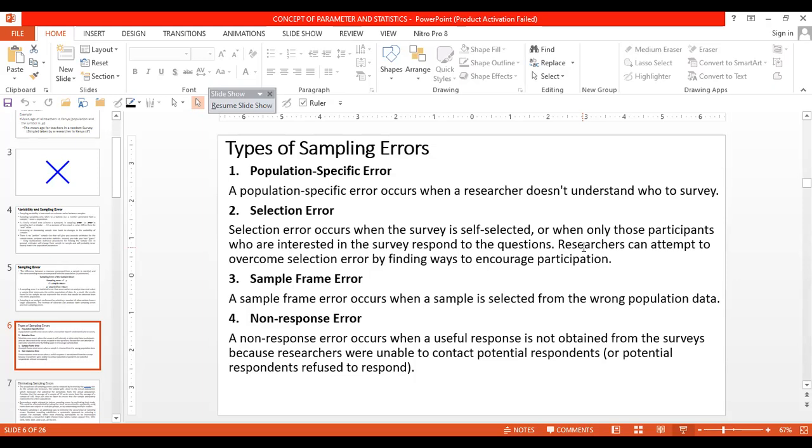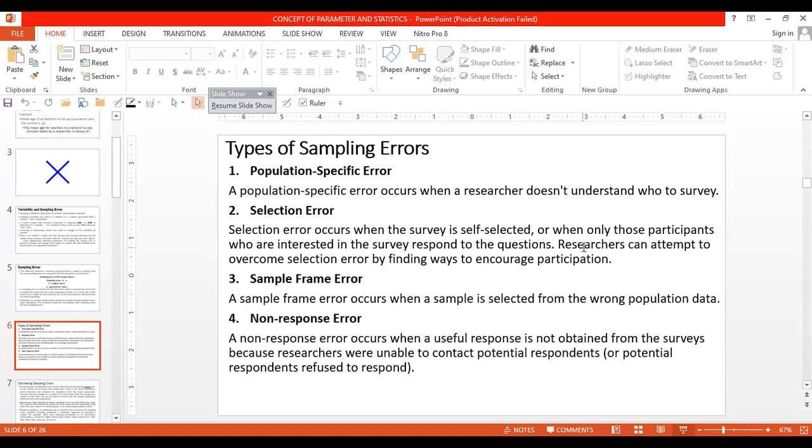Researchers can attempt to overcome selection error by finding ways to encourage participation. You know, in this kind of research, people who are interested only respond to the questions. But those who are not interested do not respond.